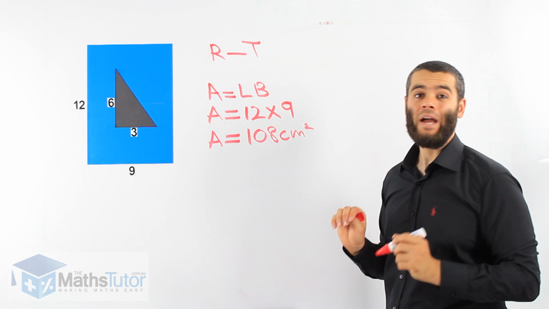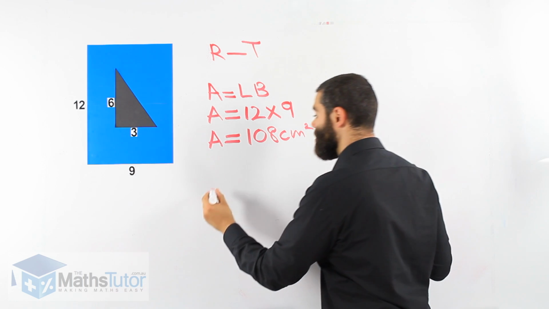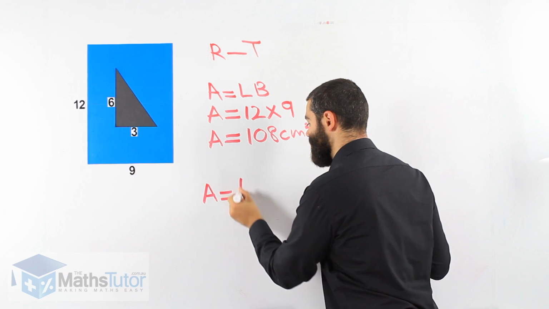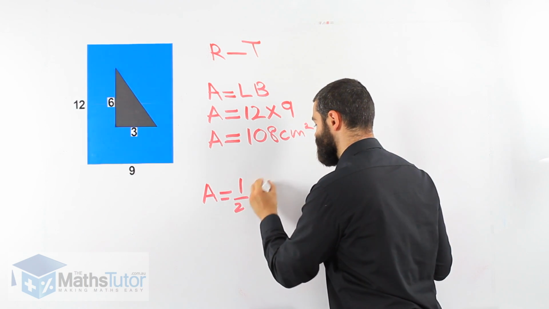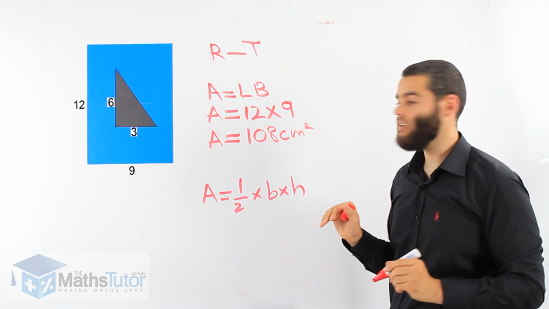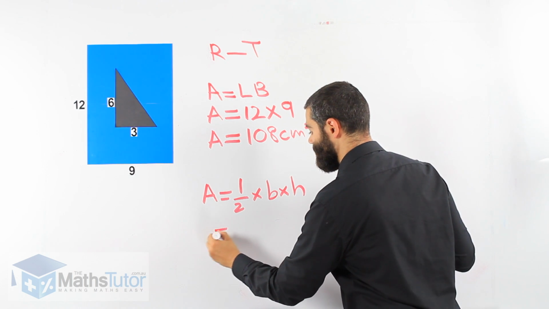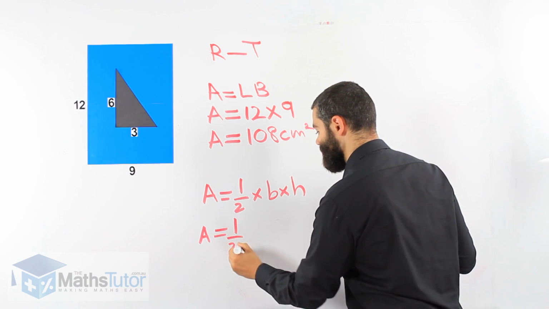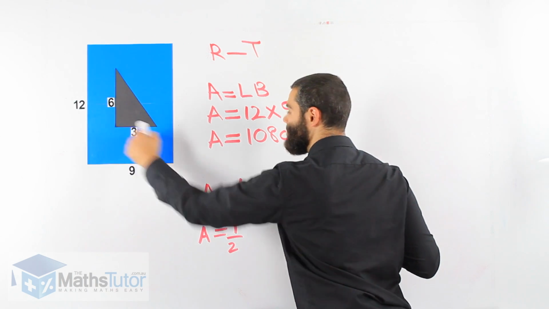Now we're going to take away the triangle. So let's work out the area of the triangle. And we know the formula is half times the base of the triangle times the height, which is the vertical height of the triangle. Half. Now the base is 3.